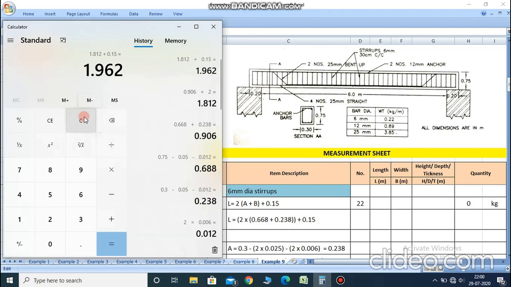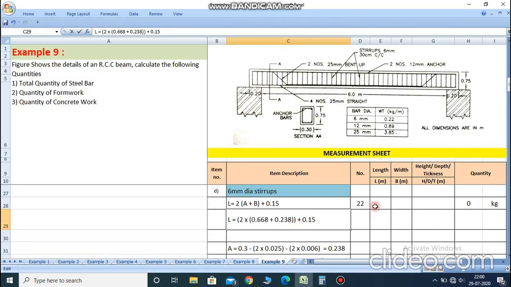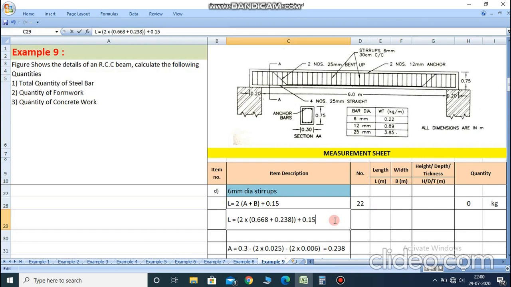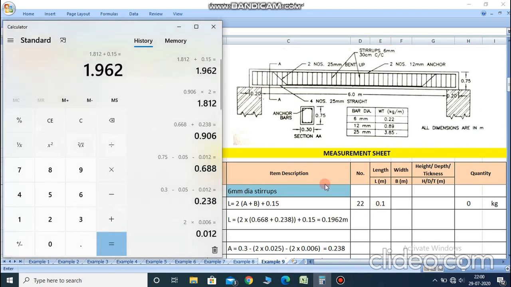So one stirrup length we calculated is 1.962 meter. Clear? So we write here 1.962 meter. It's the answer.